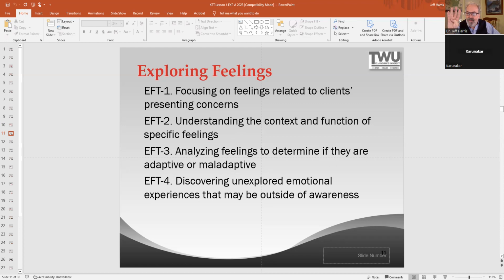And I want to point out that these are parallel to the four cognitive strategies in lesson 2. Key strategies training is designed to help you learn these a little more easily, because the same underlying structures, the same processes are going to be used to organize cognitive therapy, emotion-focused therapy, and behavioral therapy.